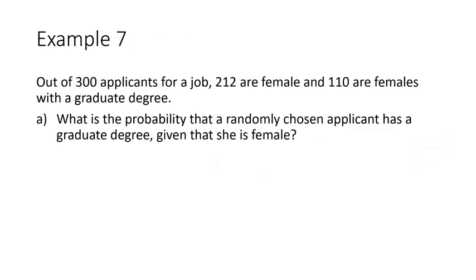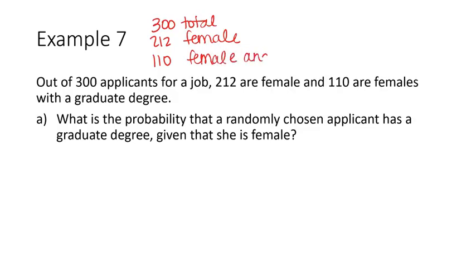So let's use an example. Out of 300 applicants for a job, 212 are female, 110 are females with a graduate degree. So I have 300 total people. 212 they say are female. 110 they say are female and have a graduate degree.